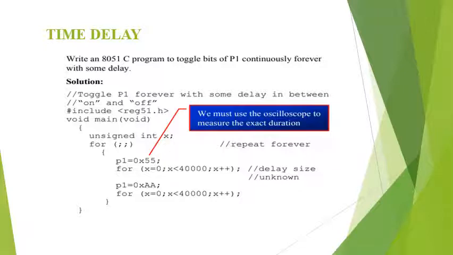Port 1 is assigned the value 55 and a delay is introduced using the for loop, and then port 1 is assigned the AA value and again the delay is introduced. So 55 and AA values are assigned to port 1 so that we will be able to see the toggling happening between each bit in port 1.